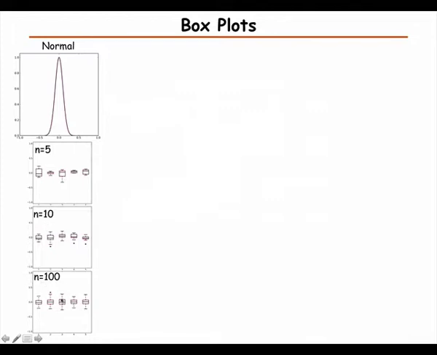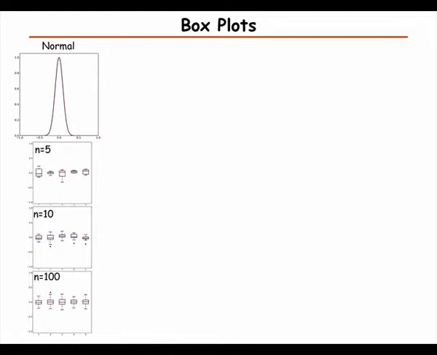And as you see, there is an occasional outlier. For 5 here, in this case, we didn't get any outliers. Here is 1, 2, so an occasional outlier. And here, even for the larger sample size, we have just one. But that, of course, varies from sample to sample.